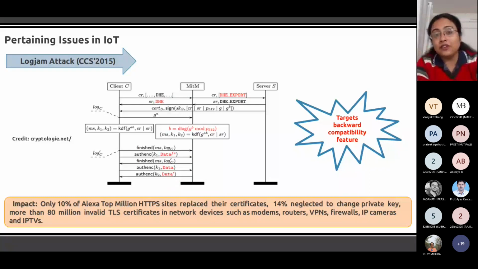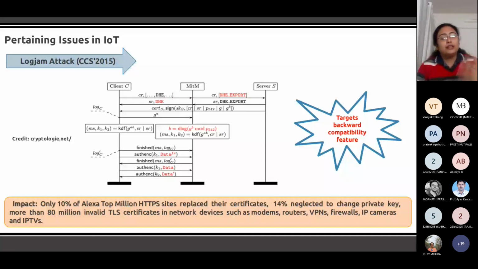And it will convince the server that the client is a legacy system and cannot do RSA 512. That's what they have done, and that's why the Logjam attack name came. For both RSA 512 and RSA 1024, the data packet formats were the same, so we can do this kind of attack to downgrade the communication and then break it using a prime factorization attack.